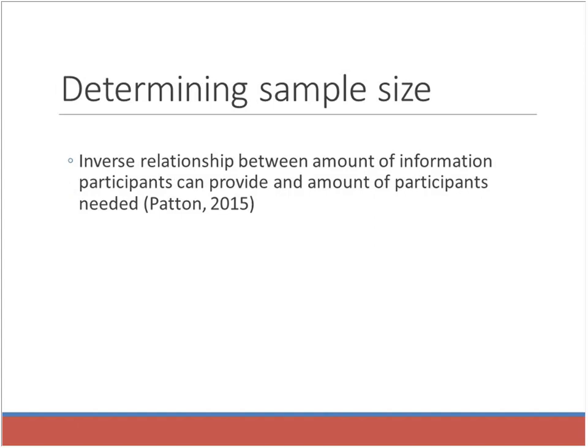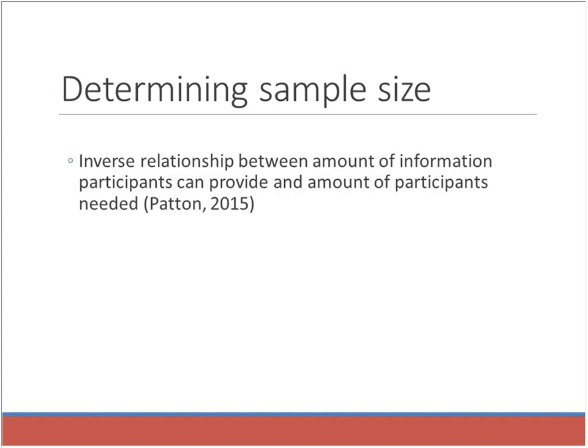If you're conducting research on a topic where you can get an awful lot of good, rich, detailed information from a few individuals, you'll of course need fewer participants. But if you're conducting a study on a topic that any one person can really only say so much about, you'll need to include more participants.